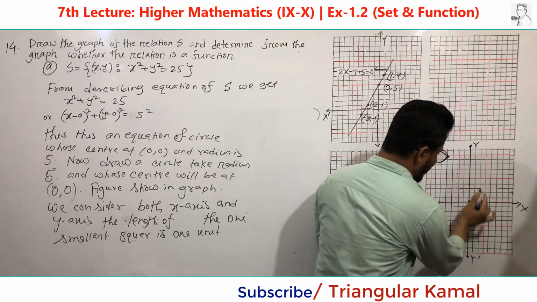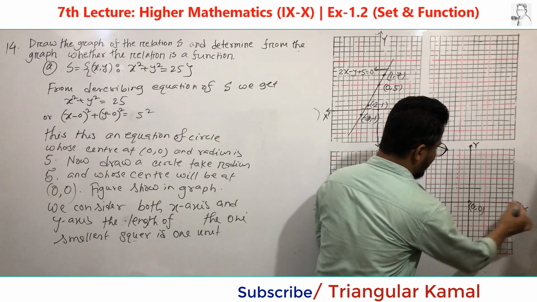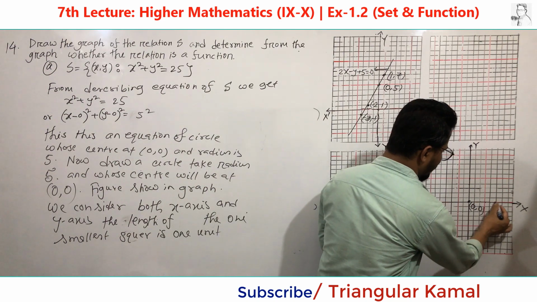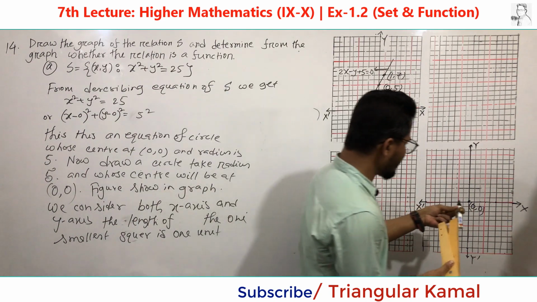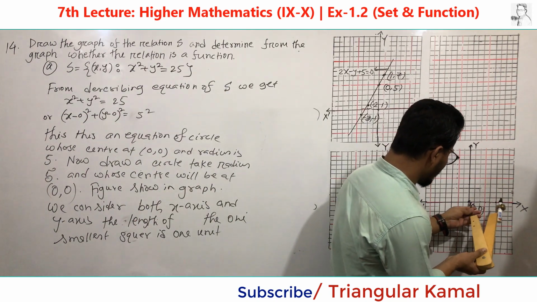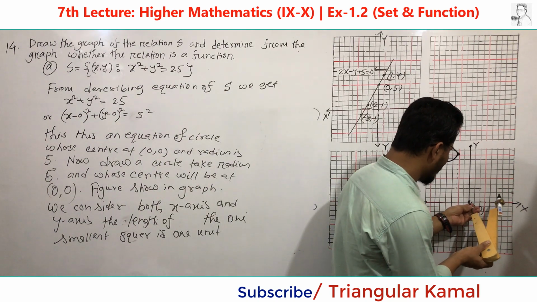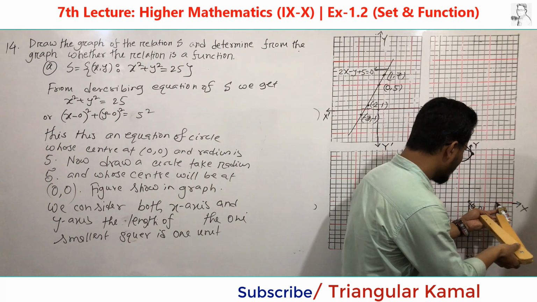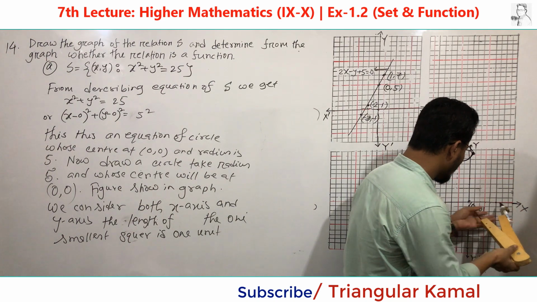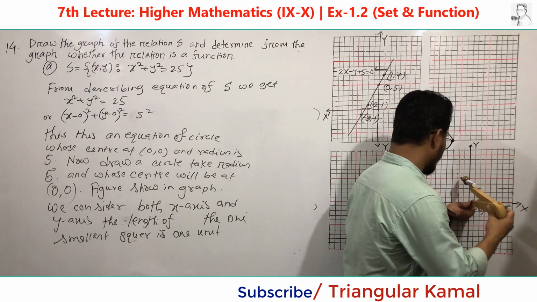Or you can count from the origin to the right side, 1, 2, 3, 4, 5. From any side you can count, taking radius as 5 and center as O. Okay, now we can draw the graph.